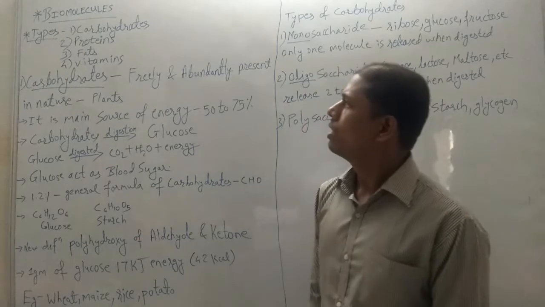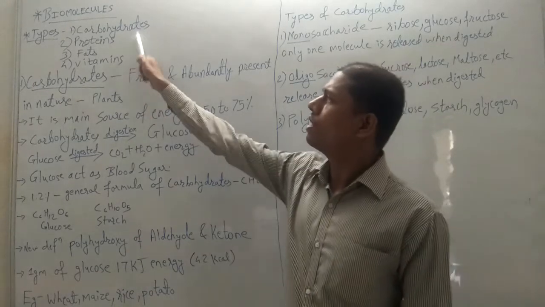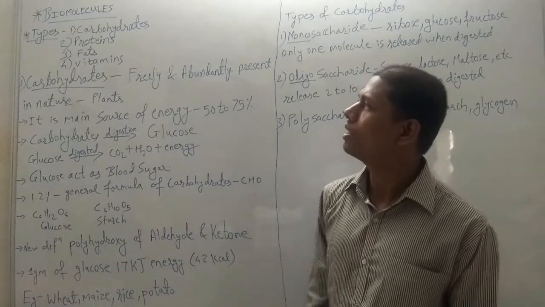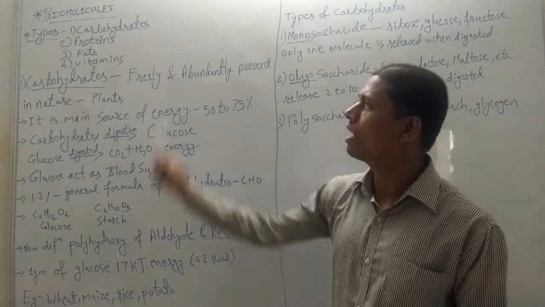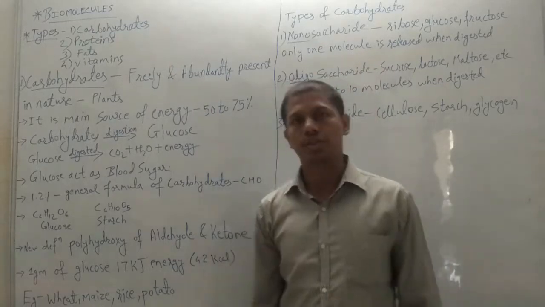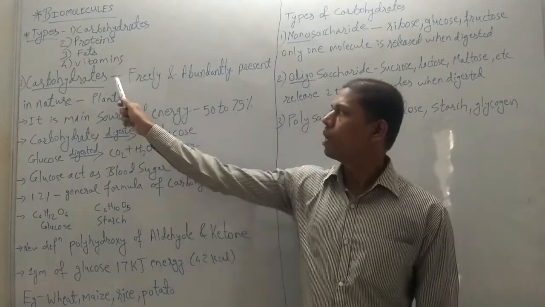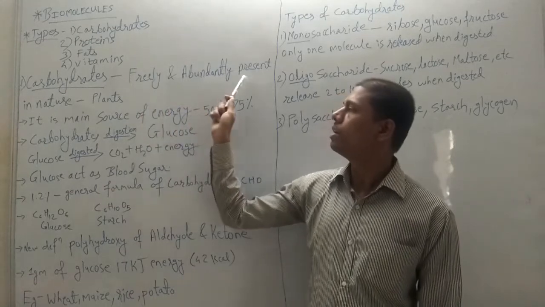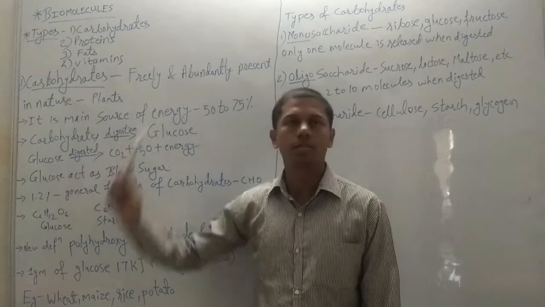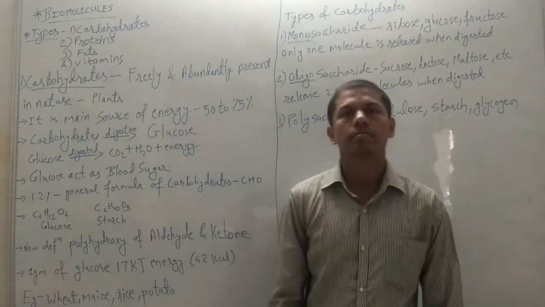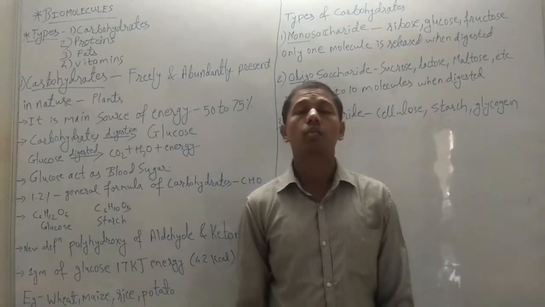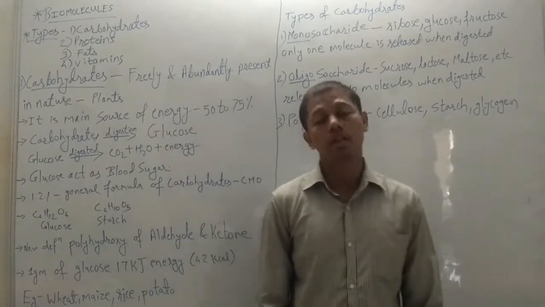So let us study the first type, carbohydrates. Carbohydrates are a kind of molecule which is abundantly present in nature. They are freely and abundantly present in the form of plants, because on our planet there is a presence of plants everywhere, and the cell wall of the plant is made up of cellulose.